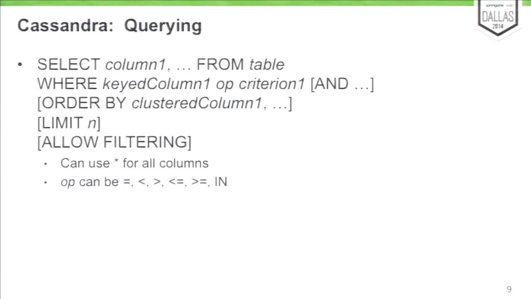Or you cheat and say allow filtering, and you bring the cluster to its knees, and you go on with life. You can order. You can limit the number of results. And then that allow filtering clause is the thing that says, hey, I know I'm not hitting indexed columns. Go ahead and query it anyway and do the equivalent of a SQL table scan, right?